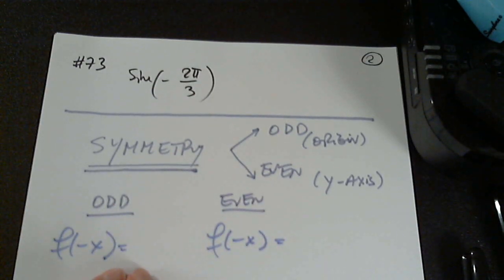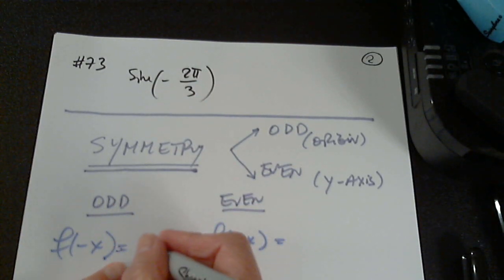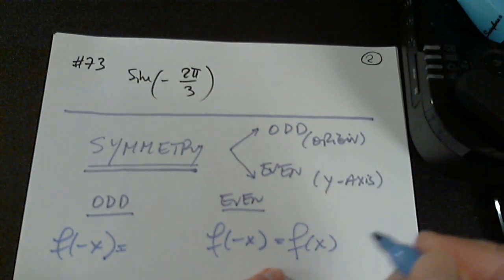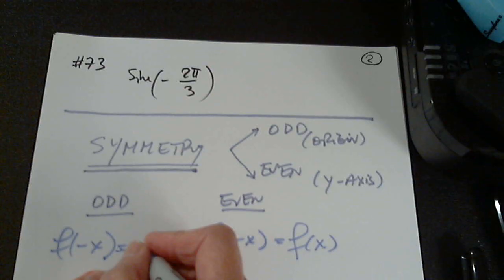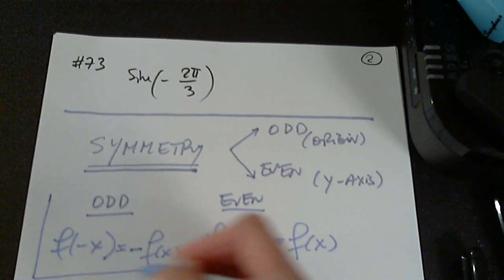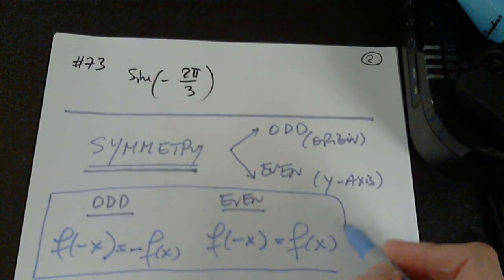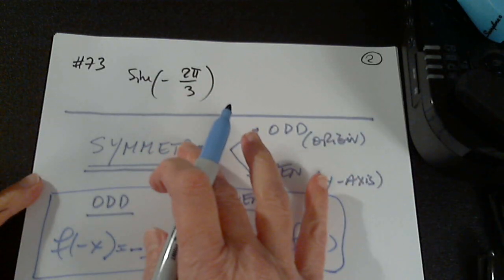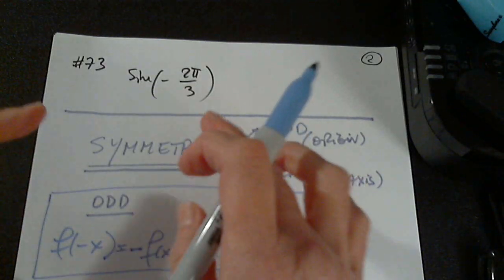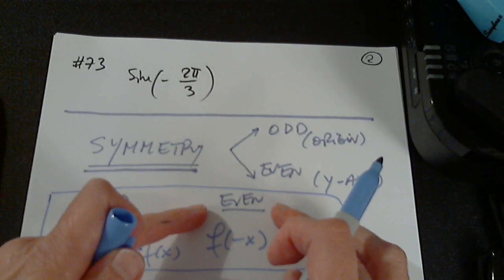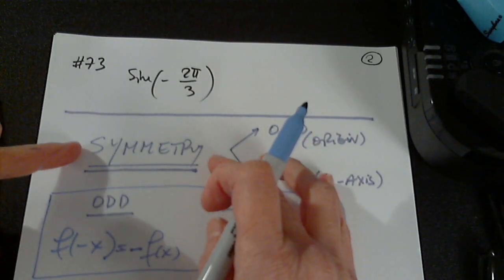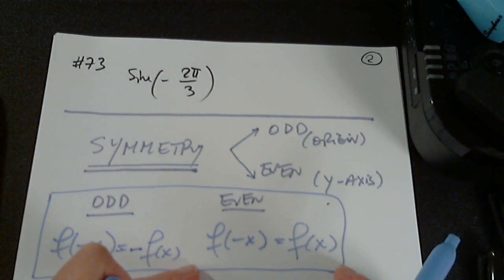In the odd situation, it was equal to negative f of x. Good. So these were the 2 properties. If a function is symmetric and it's even, this has to happen. If the function is symmetric and it's odd, this has to happen.